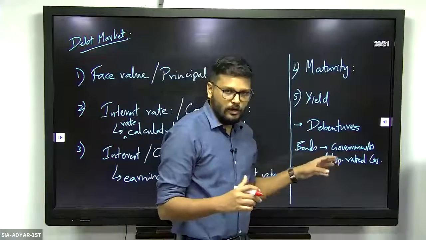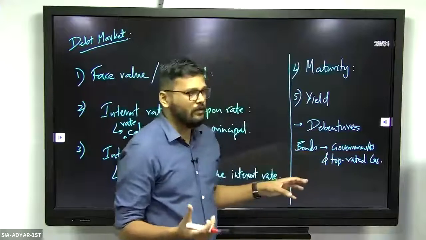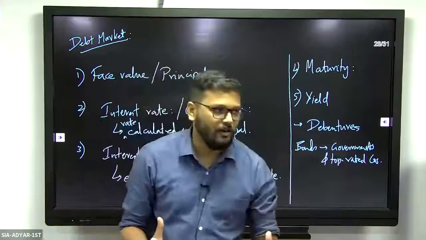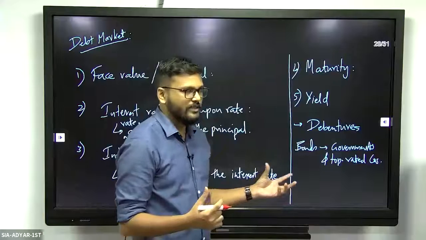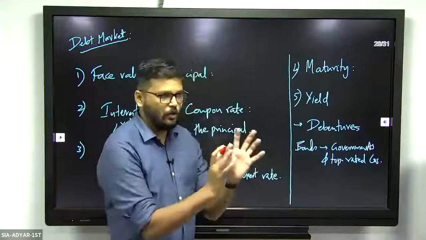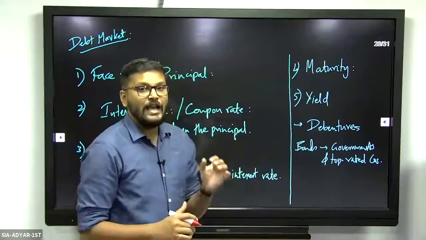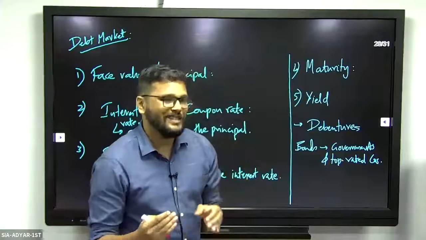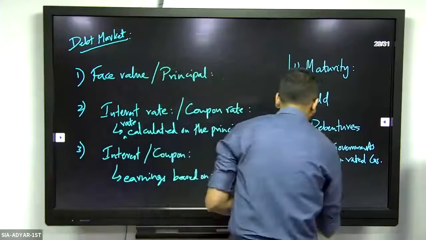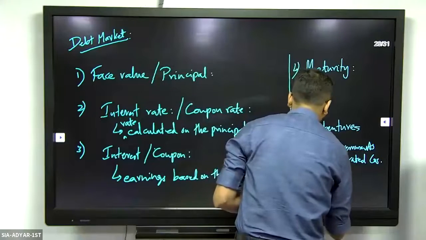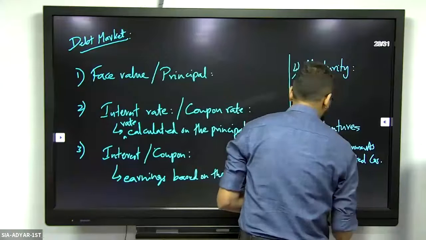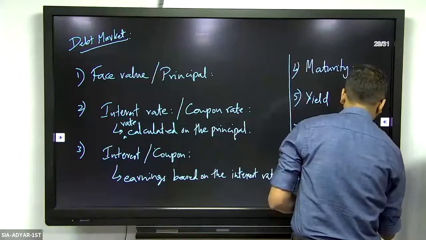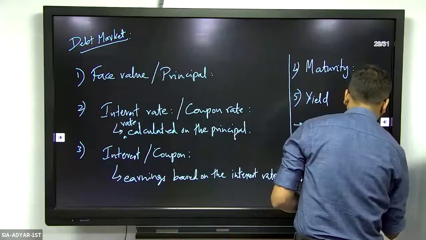So those top companies which receive a top rating, and governments, because these instruments are safer, are called bonds. That is what is generally called bonds. Debt instruments issued by companies with lower ratings are called debentures.